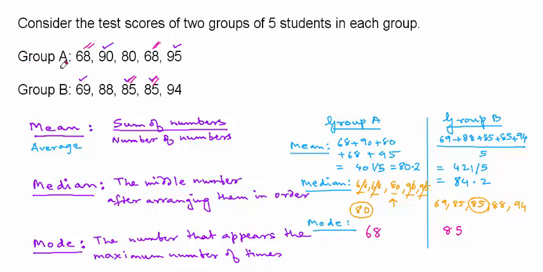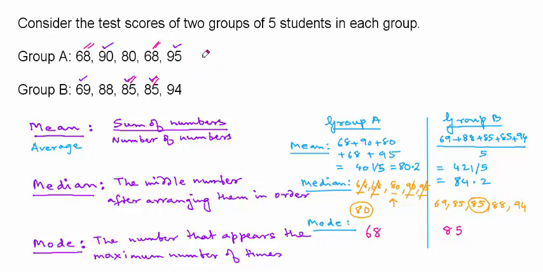A couple of thoughts before I conclude the video. Number one is, I said the median is the middle number after arranging them in order. Now on these two sets, you had 5 numbers, and 5 is an odd number, which means that you had one single middle number. What if we had another number on each of the sets to make them 6 each?